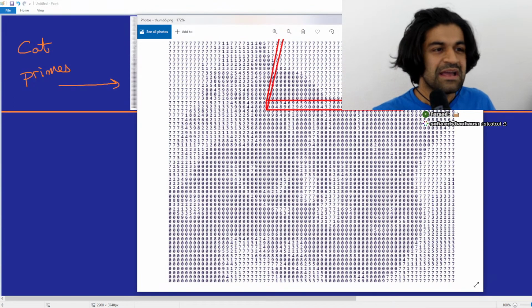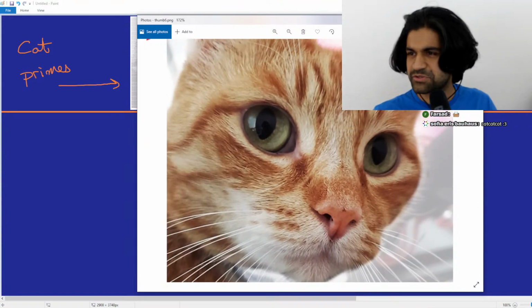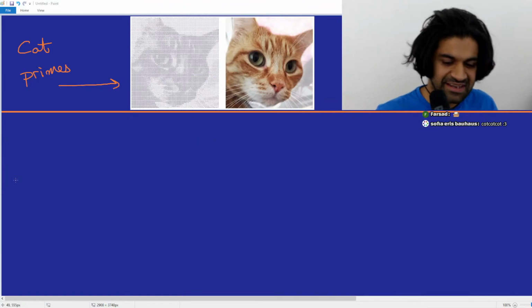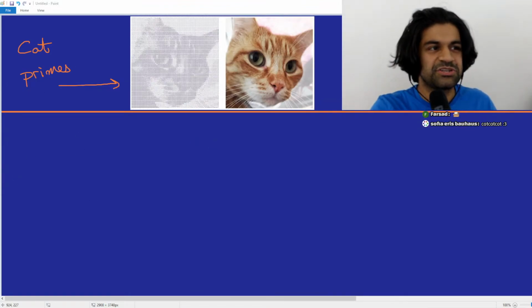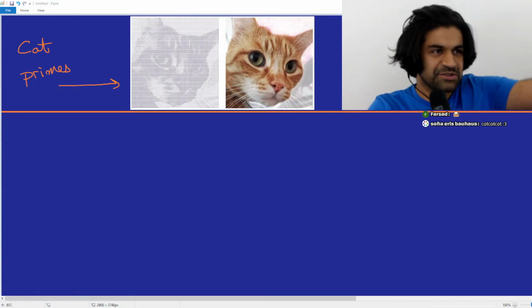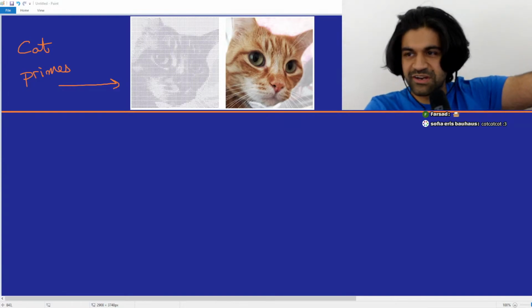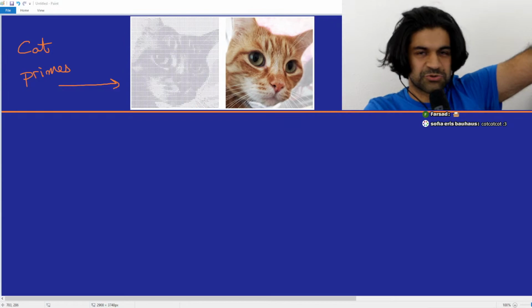Okay, so in order to turn an image into a prime number, there are kind of three ingredients that you need. First and foremost, you must turn the image into a number. Or at least that's the strategy that I used. So you just take your favorite picture, and then you find a number. The size of that number must be a square.